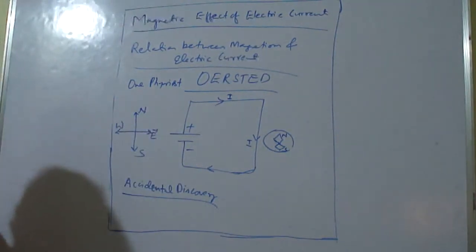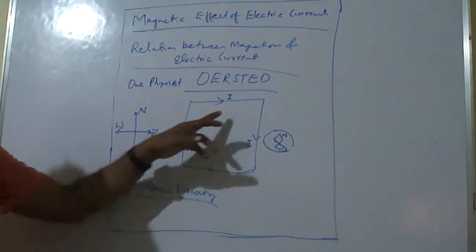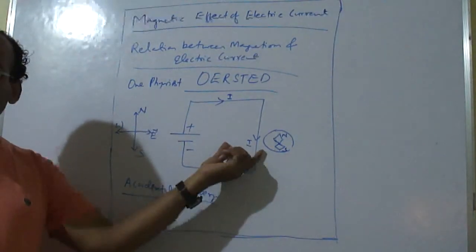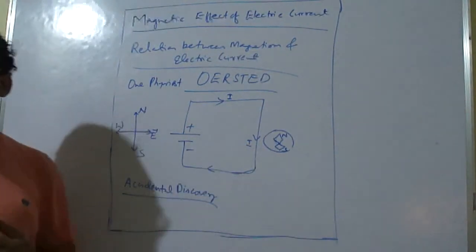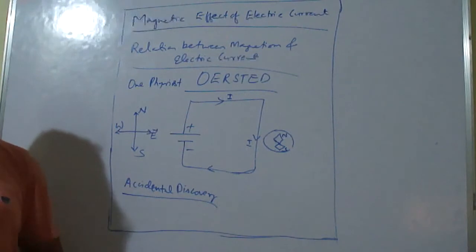So what was the accidental discovery of Oersted? When a compass needle is brought near to a wire carrying current, the compass needle shows some deflection.